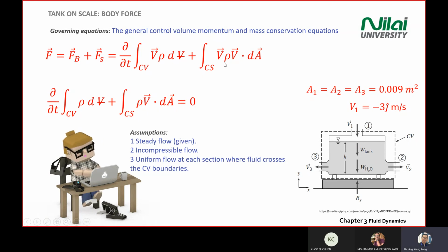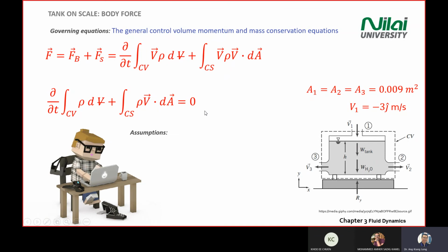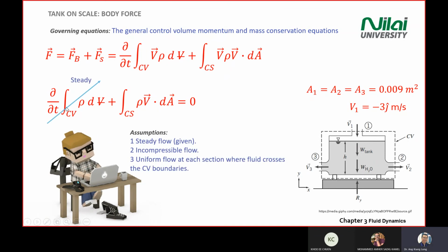So if you see a steady flow, again in the exam, you write these two equations out to show that you understand what the momentum equation is and what the continuity equation is. With these two equations, you score 2 marks, 1 mark for each, and then you draw an arrow for cancelling the steady flow term. So you cancel 1 in the continuity equation, you get 1 mark. You cancel 1 in the momentum equation, you get 1 mark.